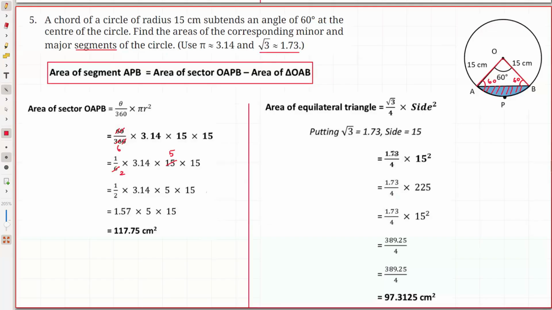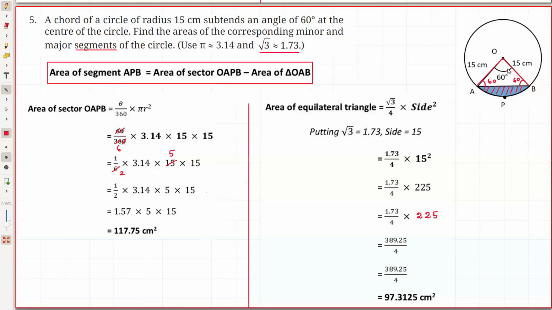We substitute 1.73 by 4 into 15 square. 15 square is 225. Just multiply and divide by 4. We are getting 97.3125. You can take up to 2 decimal or 4 decimal places, maximum 4; 2 decimal places is still enough. 97.31. Now we have to find the area of the segment.